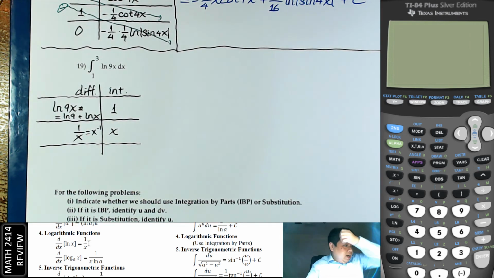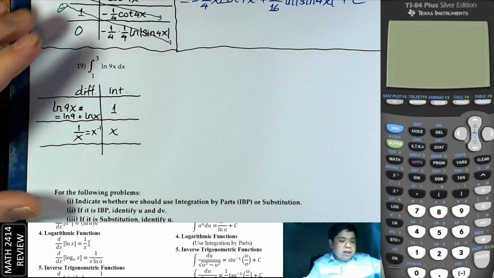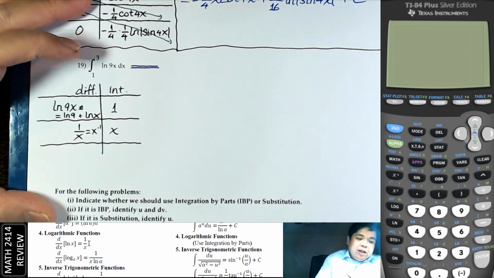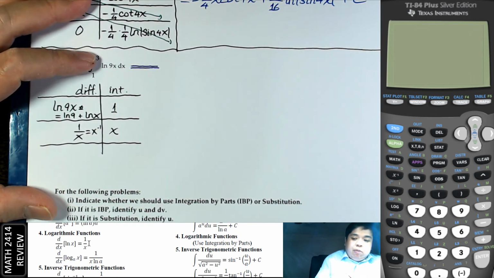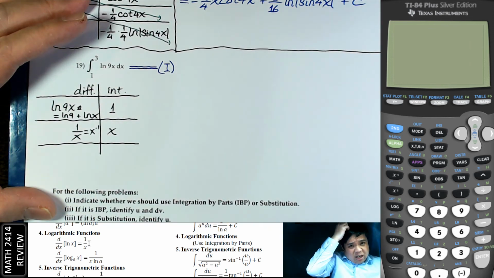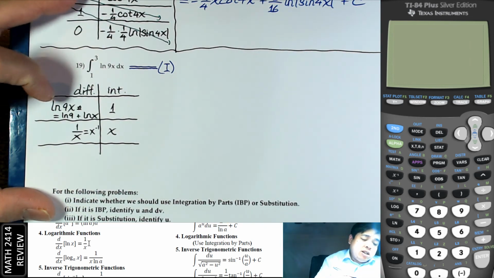Right. So usually, for this one, I'm not going to write equal, just say in the integral I. We just integrate first and then at the end we evaluate the limit.